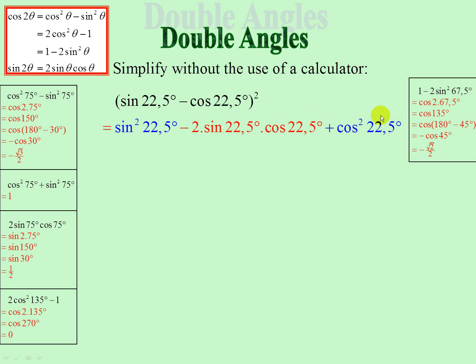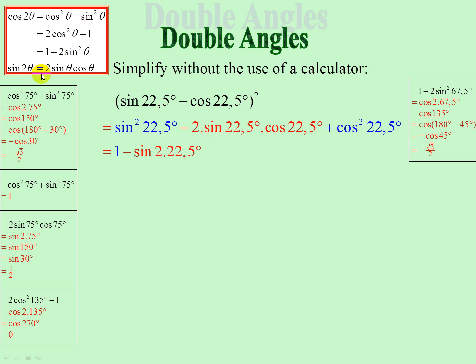Now you'll notice that I've written those in blue. Bit of a hint for you. Hopefully you could take the hint. Sine squared plus cos squared is 1, the blue one. Now 2 sine cos, there's 2 sine cos, double angle formula.